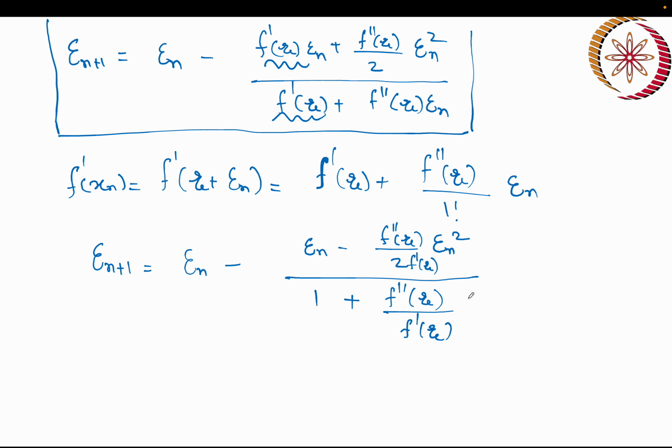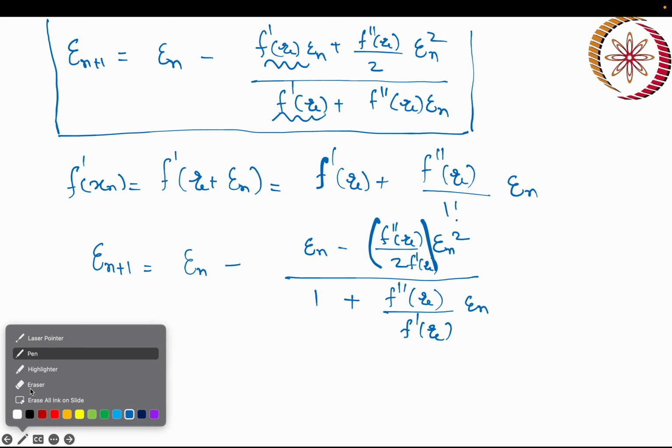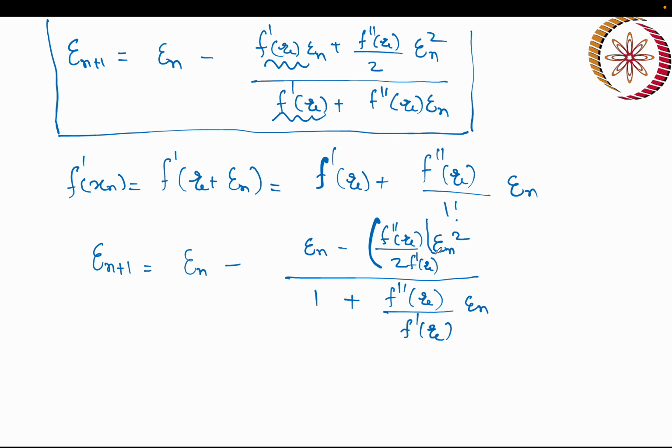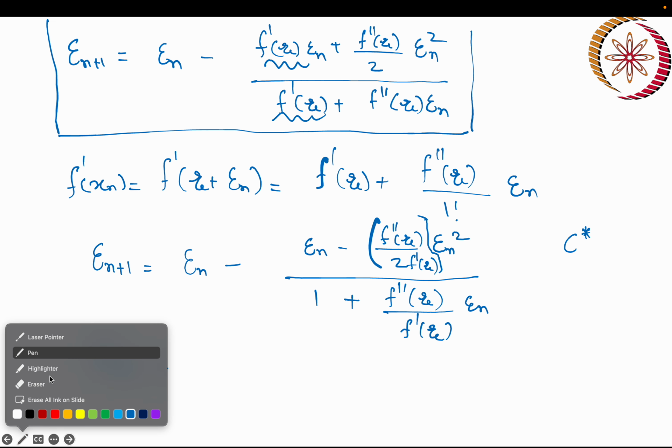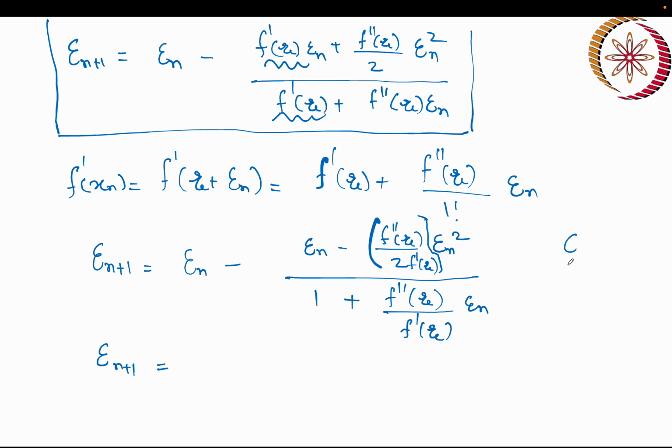Let's consider this whole term to be c1. So epsilon n+1 is equal to epsilon n minus c1 epsilon n square divided by 1 plus 2c1 epsilon n.